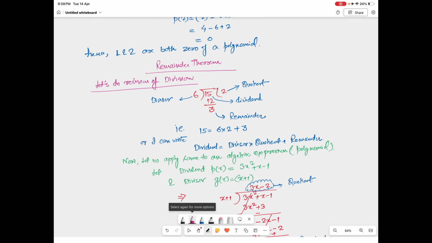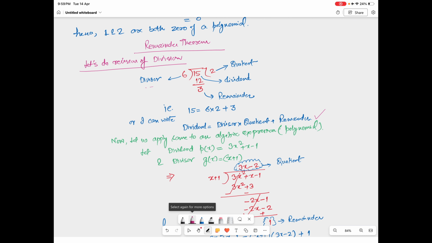So, if there is any number 15, if I divide it by 6, I will get 2 as a quotient, divisor is 6, dividend is 15, and the remainder we get is 3. So, 15 can be written as 6 into 2 plus 3, or in general dividend can be written as divisor into quotient plus remainder. This you all know from the previous classes, and from the very starting classes, you must have all read in mathematics.